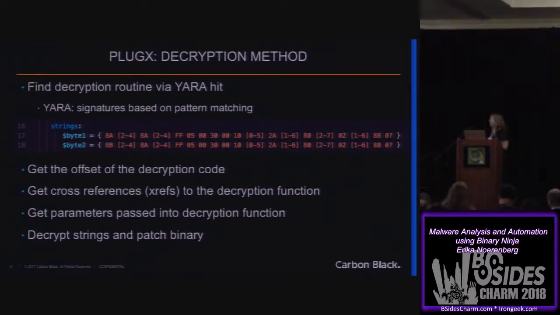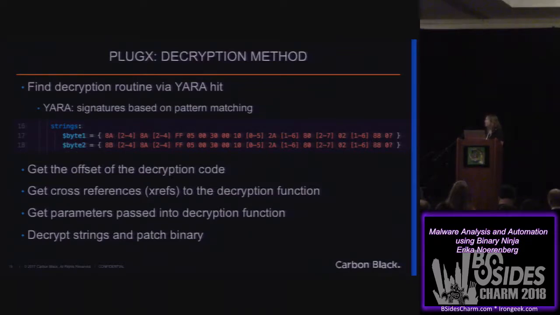So you don't want to hard-code that offset because it's going to vary among different binaries. So you can wildcard that out. So I can say 8A followed by 2 to 4 bytes somewhere in there, followed by another 8A, or 8B, 2 to 4 bytes followed by an 8A, etc.